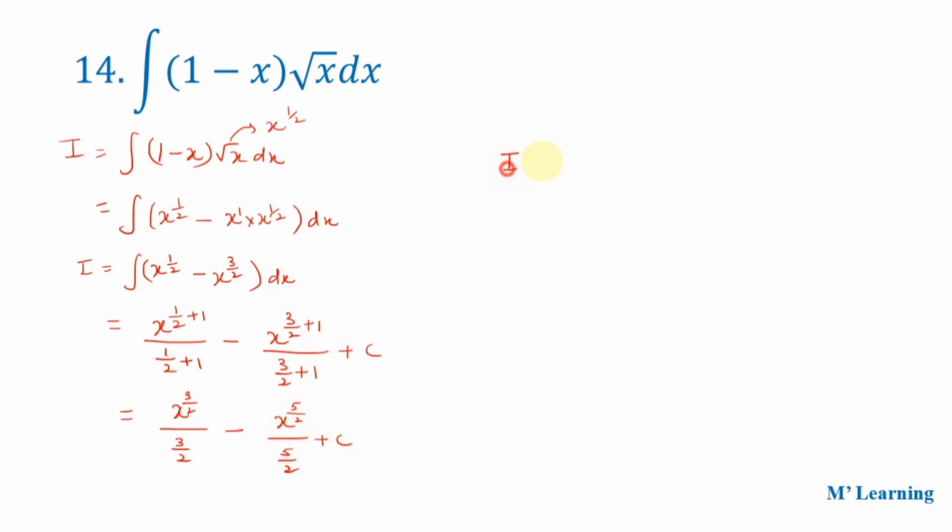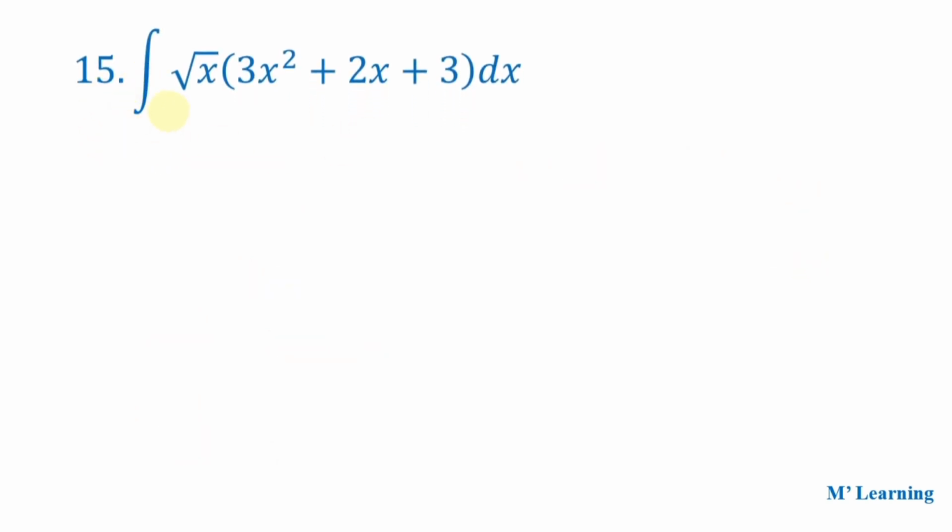This means our integration will be 2 by 3 x to the power 3 by 2 minus 2 by 5 x to the power 5 by 2 plus c. This is its answer.